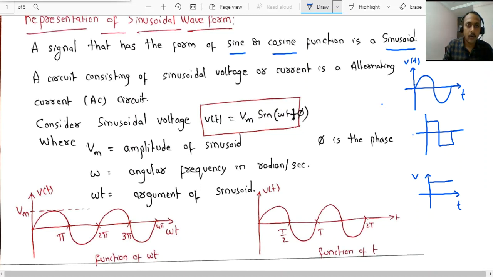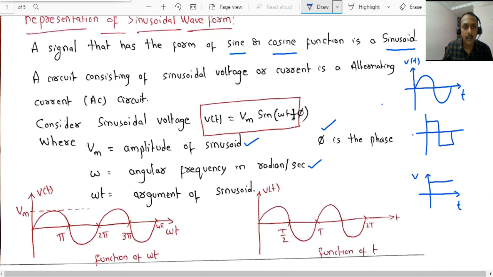Now if any voltage has the mathematical form v of t equals Vm sine of omega t plus phi, in this given form, Vm represents the amplitude of the sinusoid, and omega represents the angular frequency, which is expressed in radian per second, and phi indicates the phase.